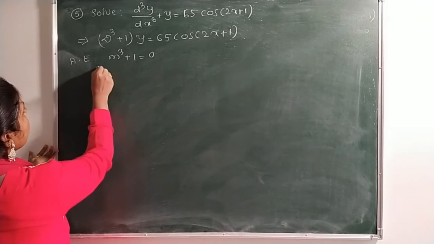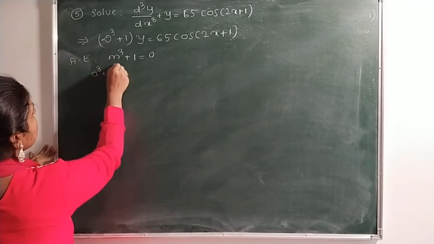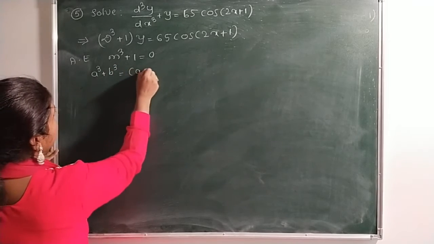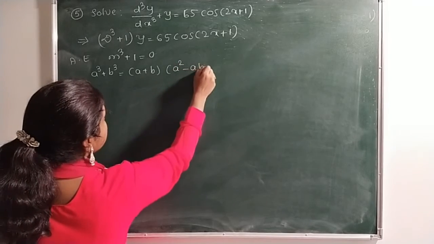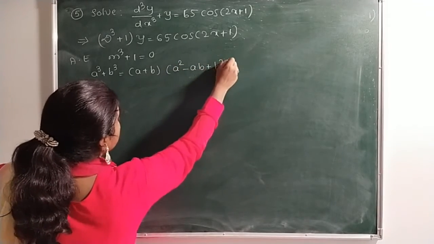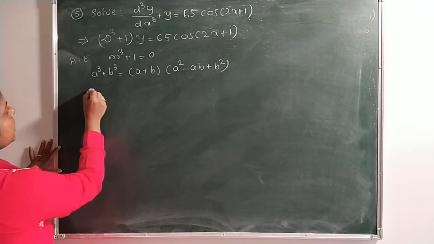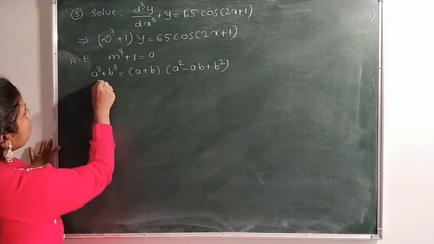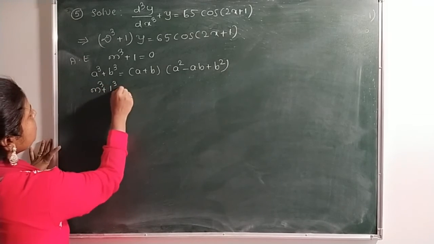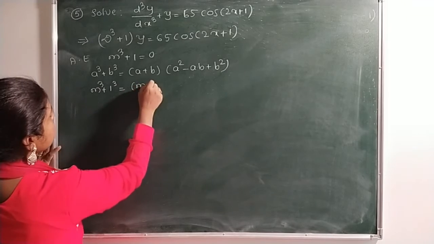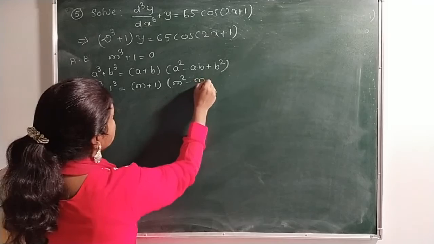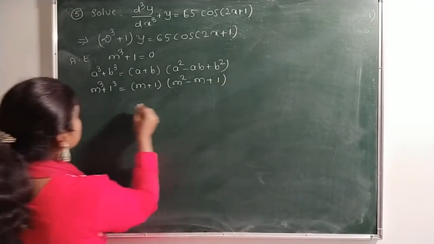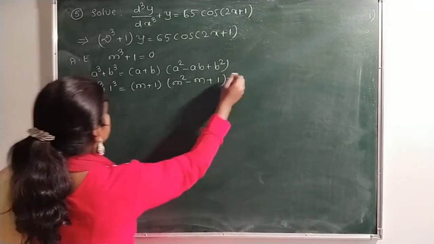If we apply the formula a cube plus b cube is equal to a plus b into a square minus ab plus b square, here it becomes m cube plus 1 cube is equal to m plus 1 into m square minus m plus 1 is equal to 0.